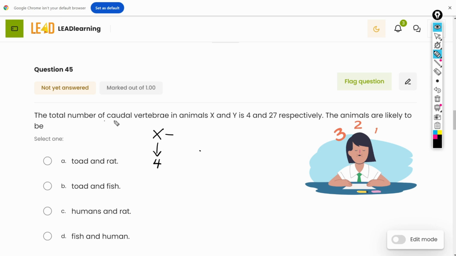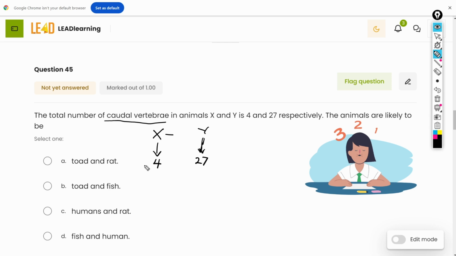The caudal vertebra is found at the tail region. And then animal Y has 27. So for an animal to have just 4 caudal vertebrae, this animal is either without a tail or has a very short tail. And then for an animal to have 27, it means that the tail must be very long.